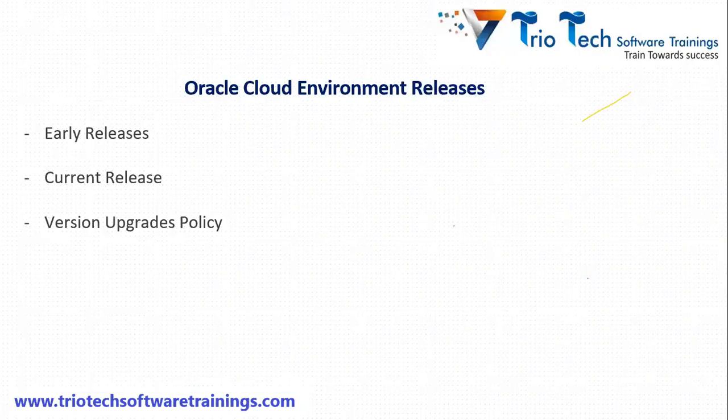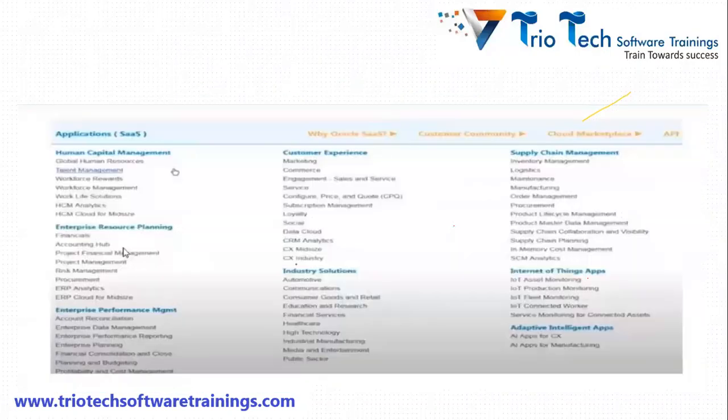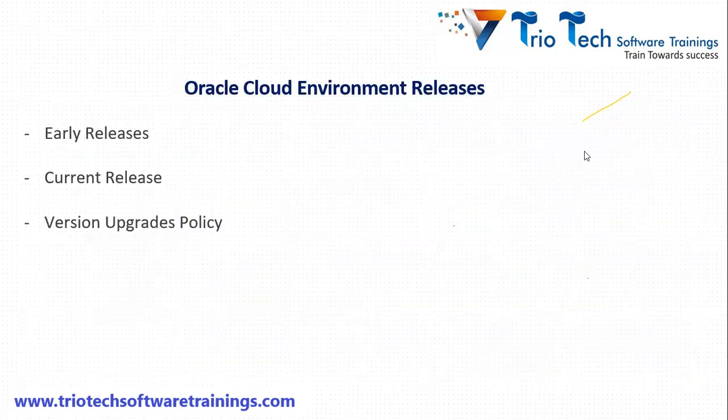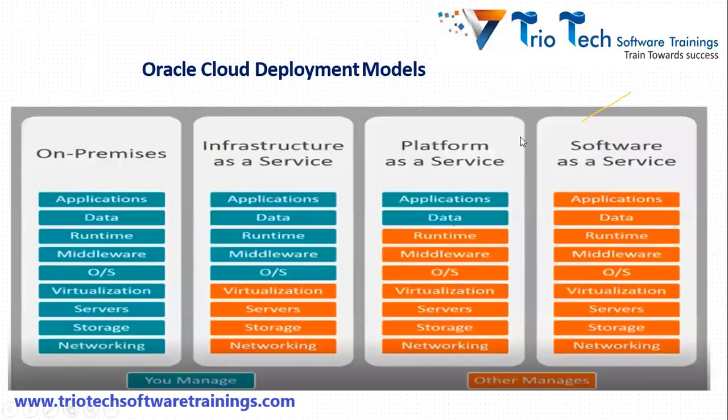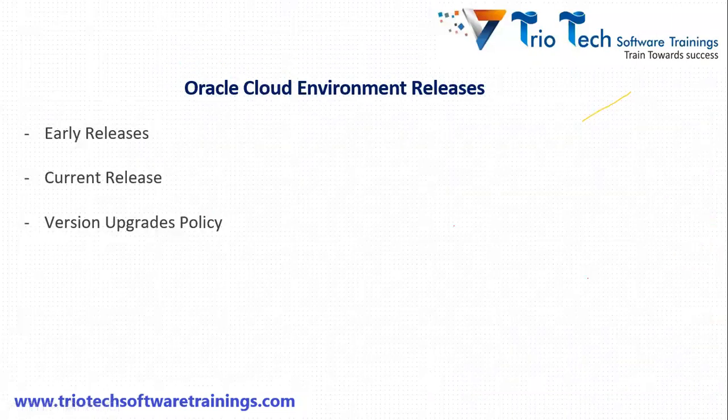Now it is crucial to understand what the applications are as part of SaaS. As I mentioned, currently everything is software as a service, and then platform as a service. What are the offerings under software as a service? As I mentioned, software as a service is nothing but the standard applications that Oracle provides as part of the licenses procured.